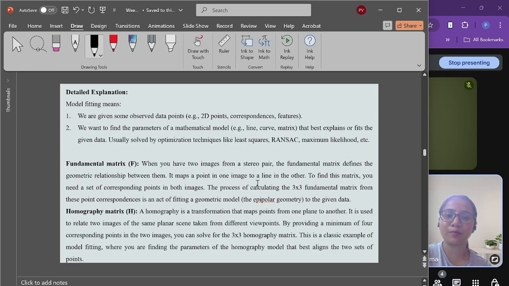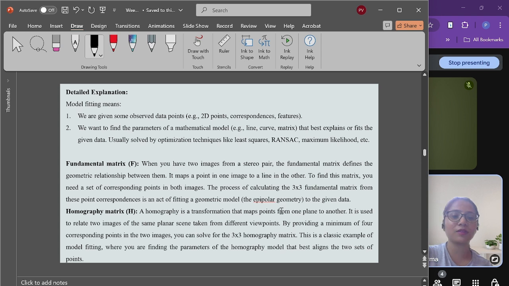To find this matrix, we need corresponding points in both images, and from these correspondences we calculate the 3x3 fundamental matrix. This is an act of fitting a geometrical model to the given data points.